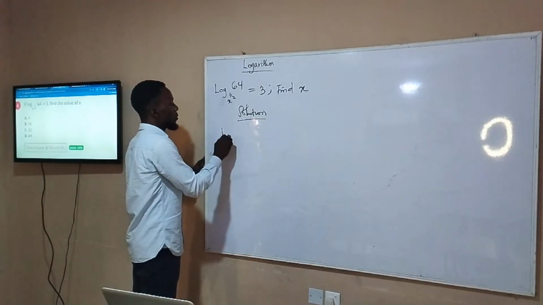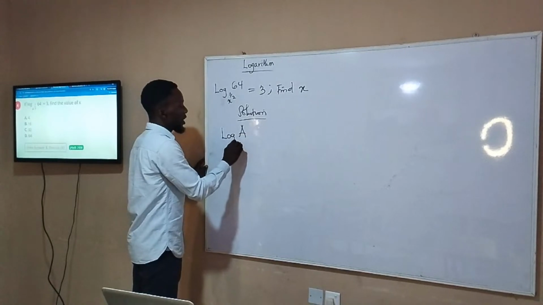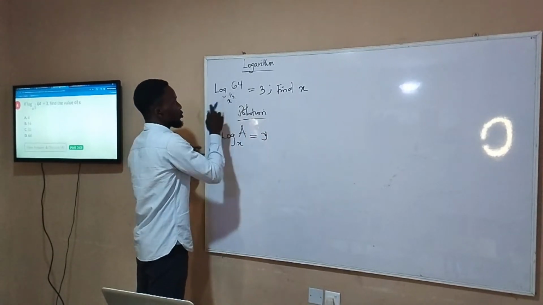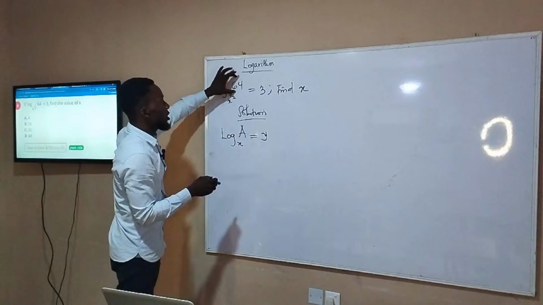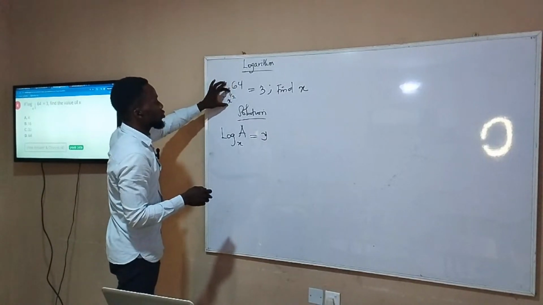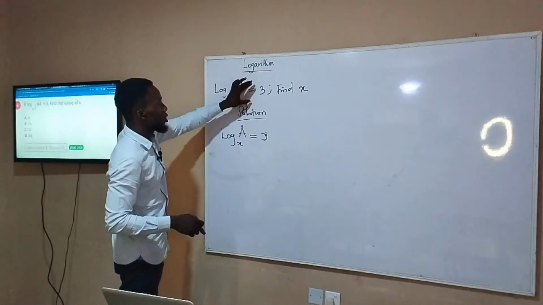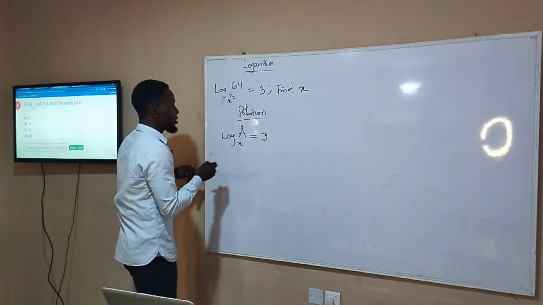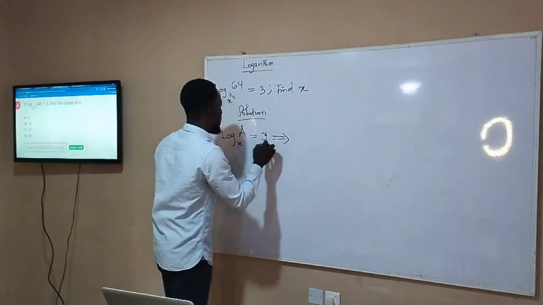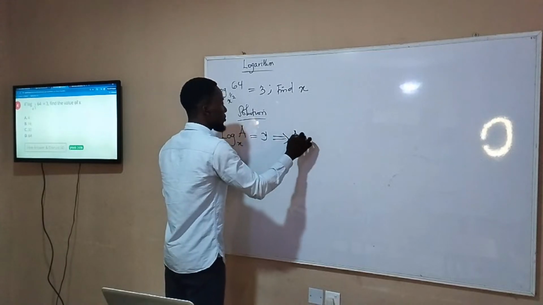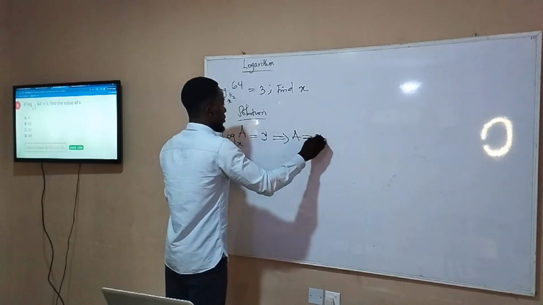If I have log a base x equals y, so let's say 64 is a, base x raised to 1 over 2 is the base, x equals y is 3. This law says that I should have a equals x raised to y.